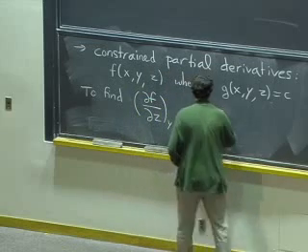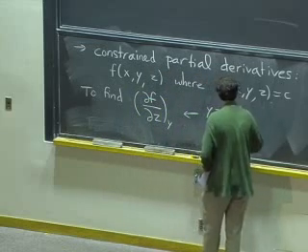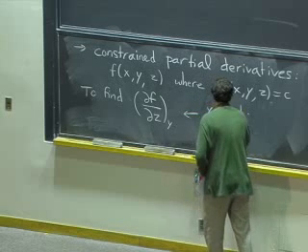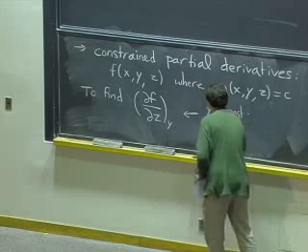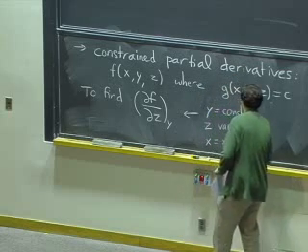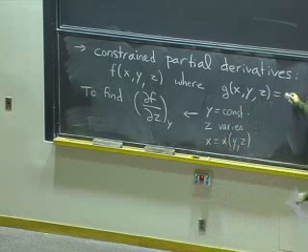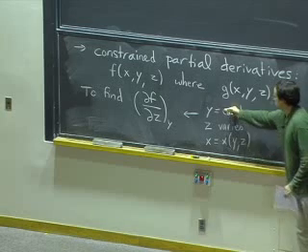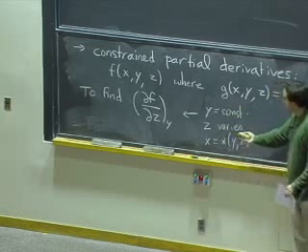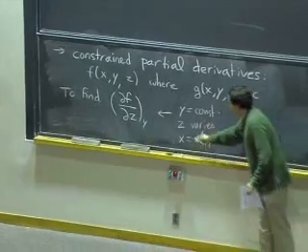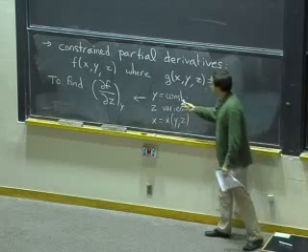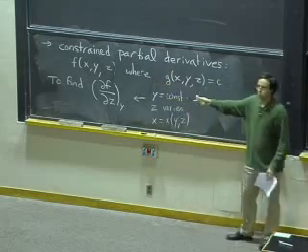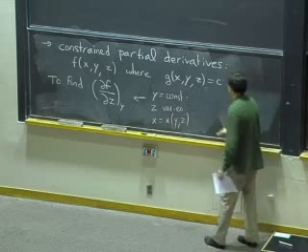That means y is constant, z varies, and x somehow is mysteriously a function of y and z through this equation. Because it depends on z, x will vary. So now we're asking ourselves, what's the rate of change of f with respect to z in this situation?